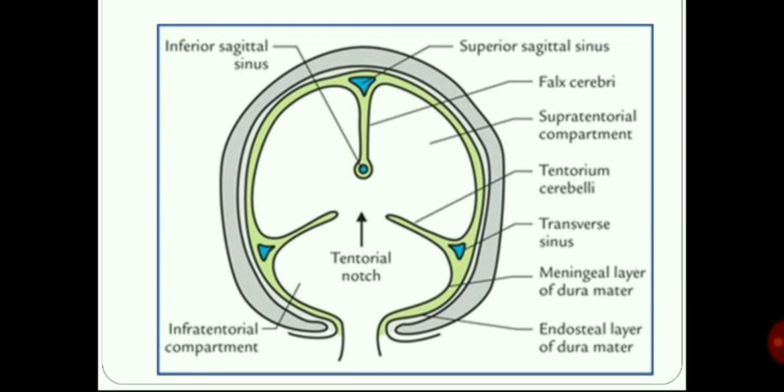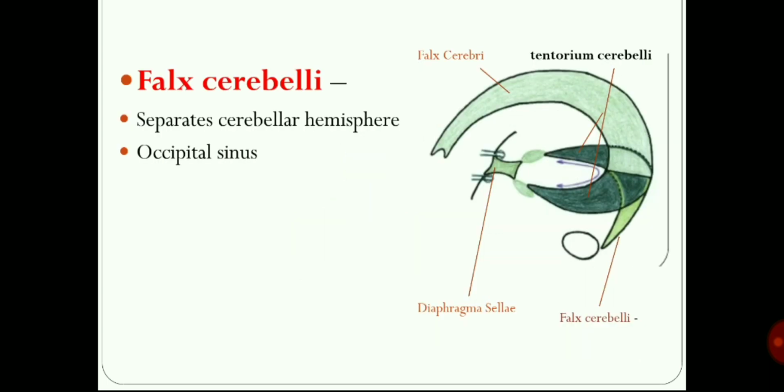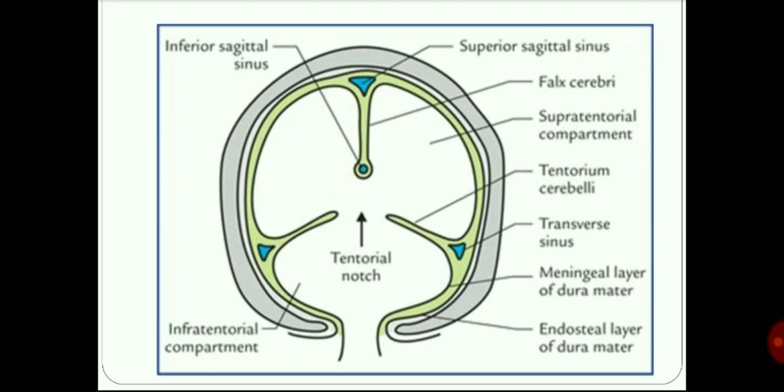The tentorium cerebelli separates the cranial cavity into supra- and infratentorial compartments, and the supratentorial compartment is again divided into right and left halves, and these are the venous sinuses enclosed within these two folds. Look at the superior sagittal sinus enclosed along the upper convex margin, and the inferior sagittal sinus along the lower concave free margin. Here is the transverse sinus.